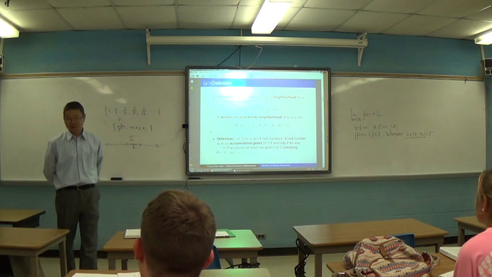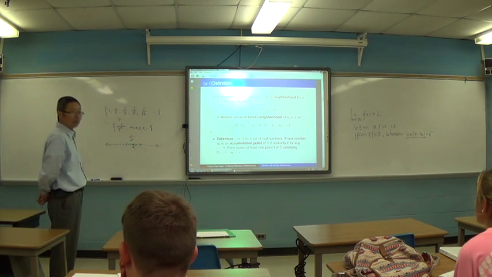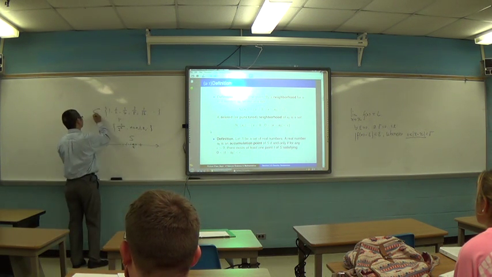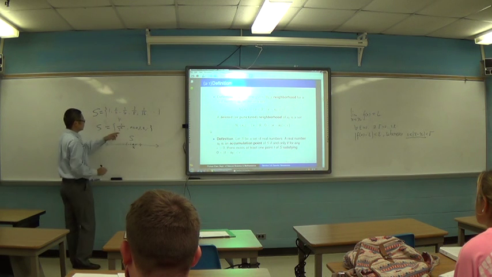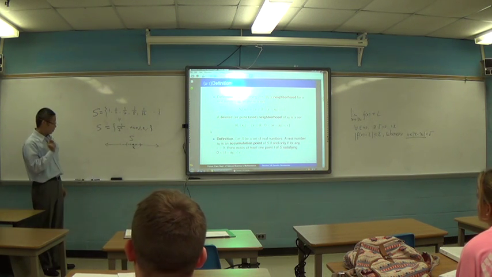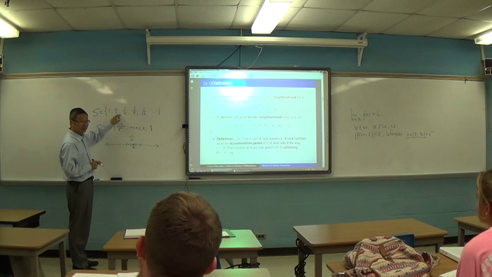Anyway, this is abstract. In order to help you better understand it, we can use an example. For example, this is the same thing, okay? I claim that there's one and only one accumulation point for this set.